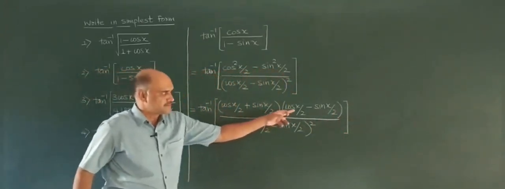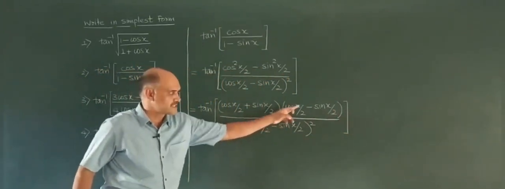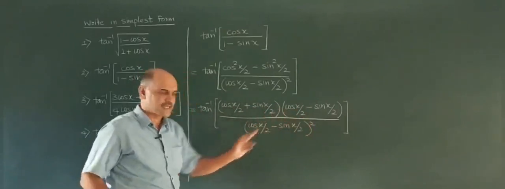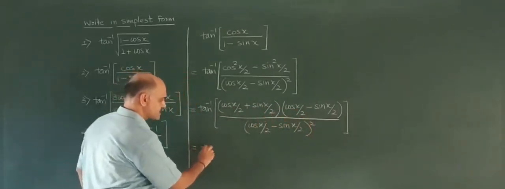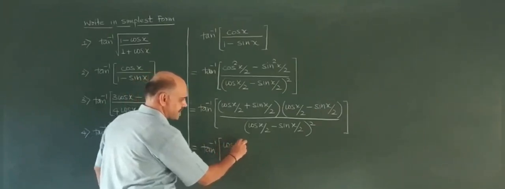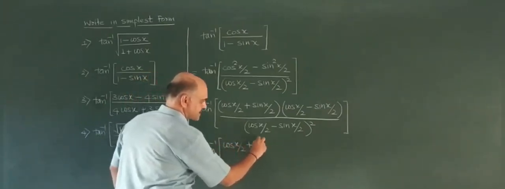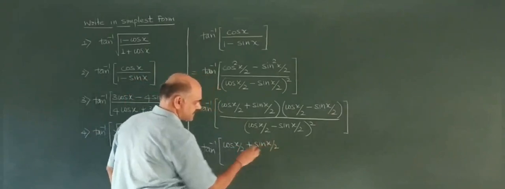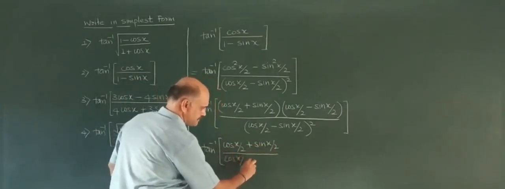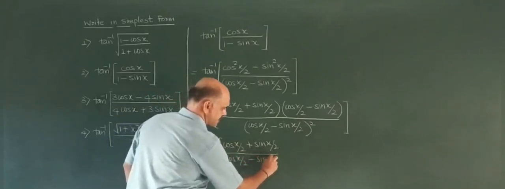So now here one term gets cancelled. So this remains, this square gets cancelled. So you will have tan inverse, in the numerator cos x by 2 plus sin x by 2 divided by cos x by 2 minus sin x by 2.